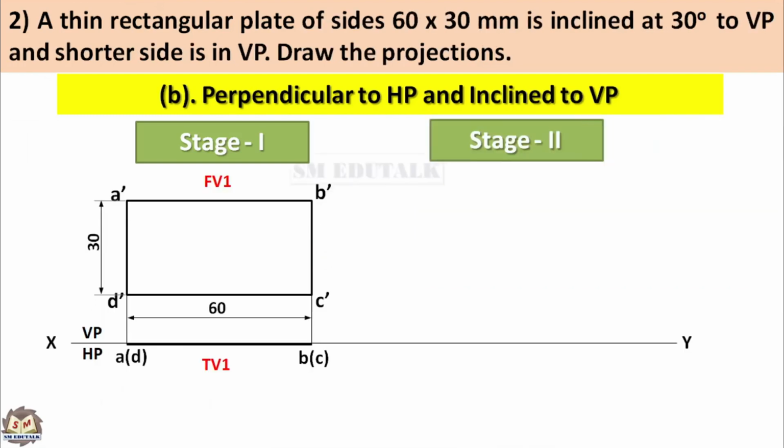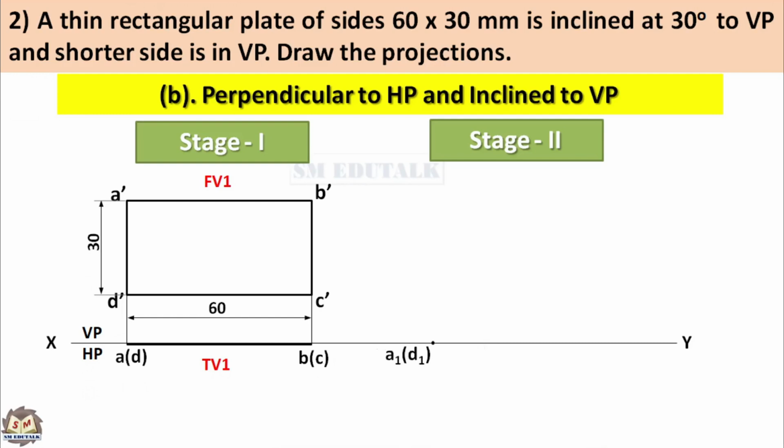That's all. Stage 1 has been finished. It is given that the plate is inclined at 30 degrees to VP. So, rotate the non-true shape, that is the top view of stage 1, and draw it as the stage 2 top view. You have to use the same XY line for both stages. Mark a point anywhere on the line next to the stage 1 drawing.